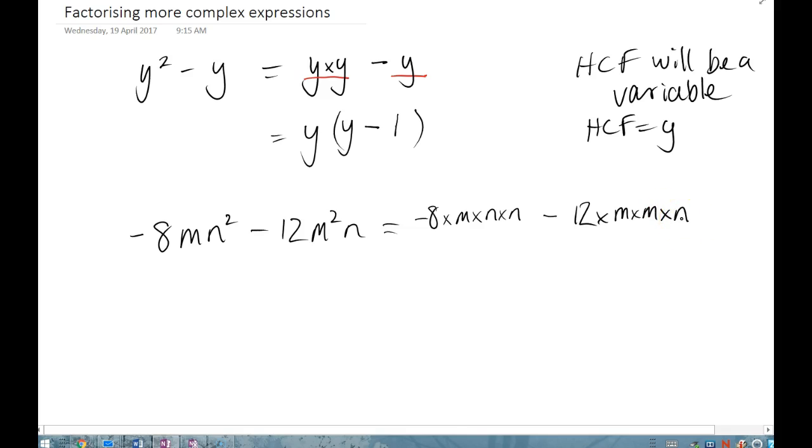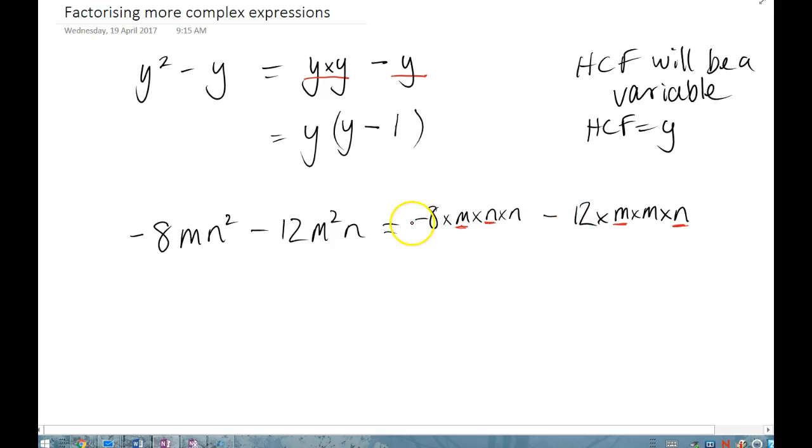Alright, let's see what is common to both of these in terms of the letters. I've got one m here and another one there, so that's common. I've got one n here and another one here, so that's common. There are no other common letters. So one m and one n are both common.